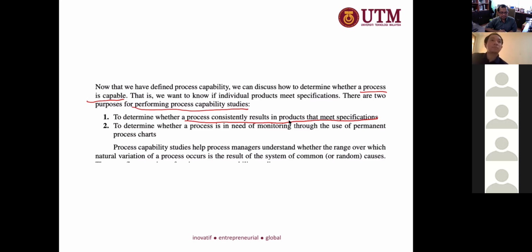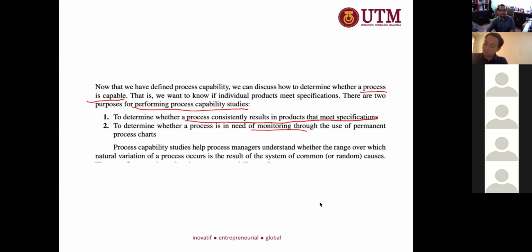And the second purpose is we can determine whether the process needs monitoring or not. Because if the process is 6 sigma above, world class, maybe we don't need to monitor it much because the tendency to have rejection is very slim.